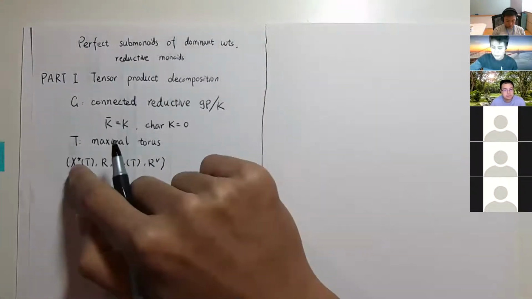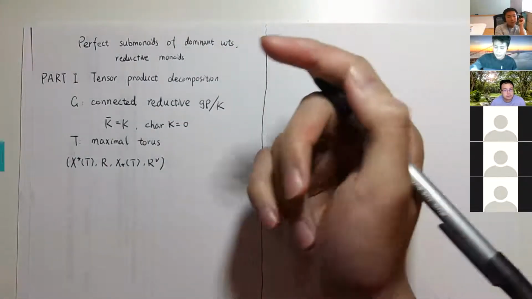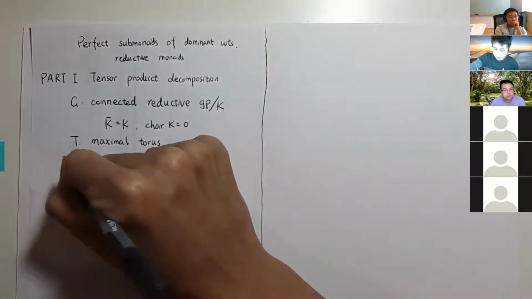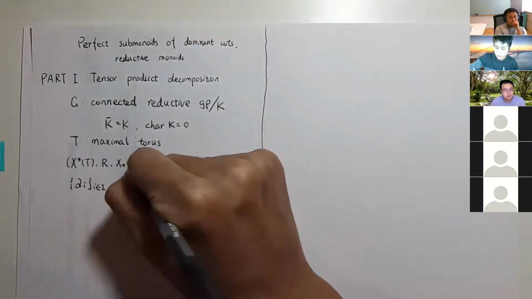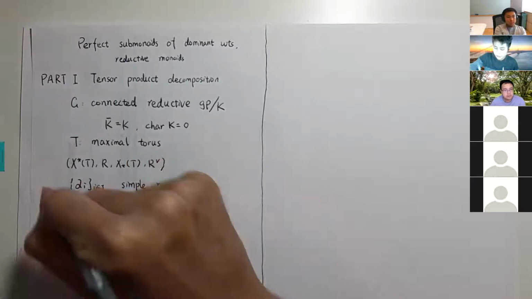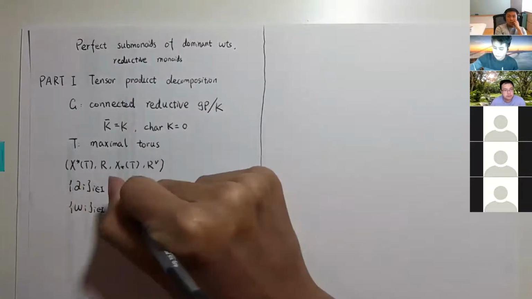We add a plus here for those dominant elements, and we denote by alpha_i the simple roots, and omega_i the fundamental weights.